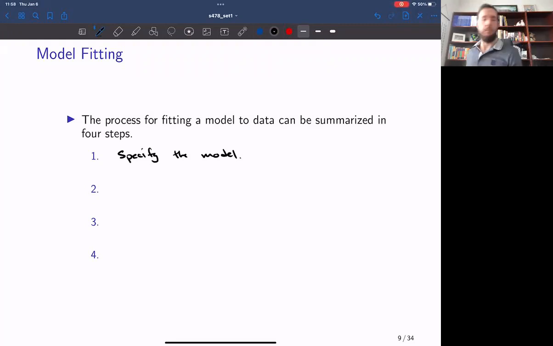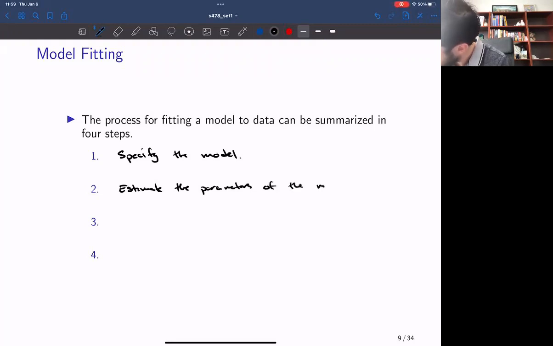The second step would be to estimate the parameters of the model. Obviously, we need to actually build an empirical model in order to evaluate it. Okay, the third step will be to evaluate the fit. So this is where the actual refinement of the model comes into play.